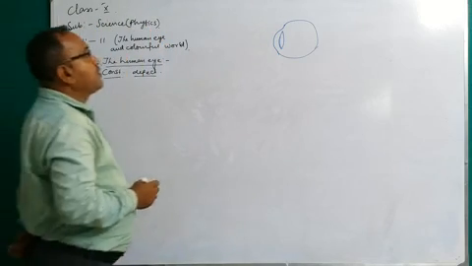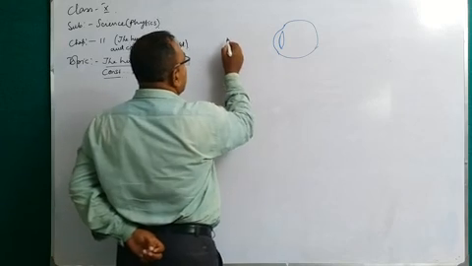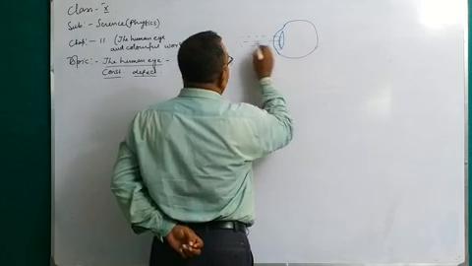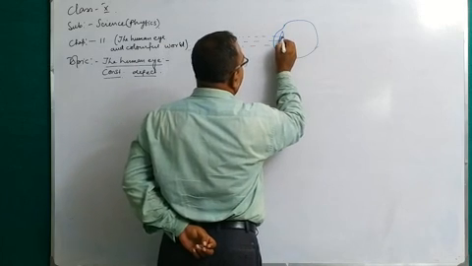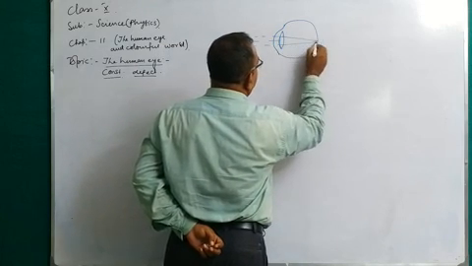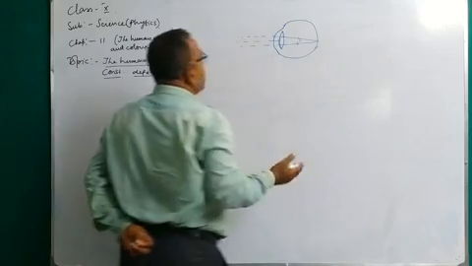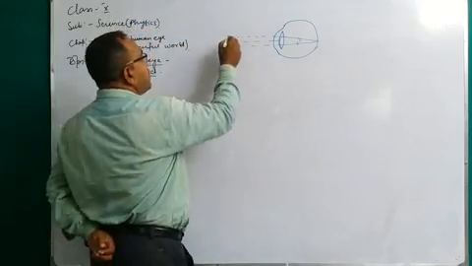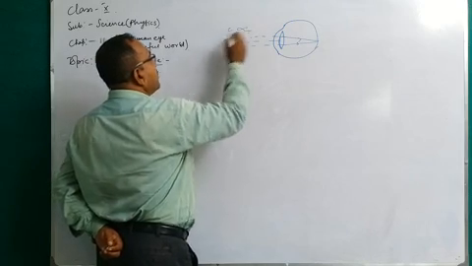For the normal human eye, you know the far point is infinity. So the object at infinity, the image is created on the retina and you will see it clearly. This is the normal human eye. The far point is infinity.